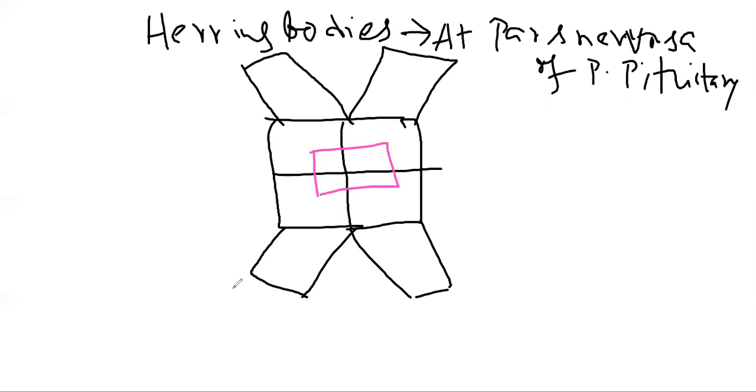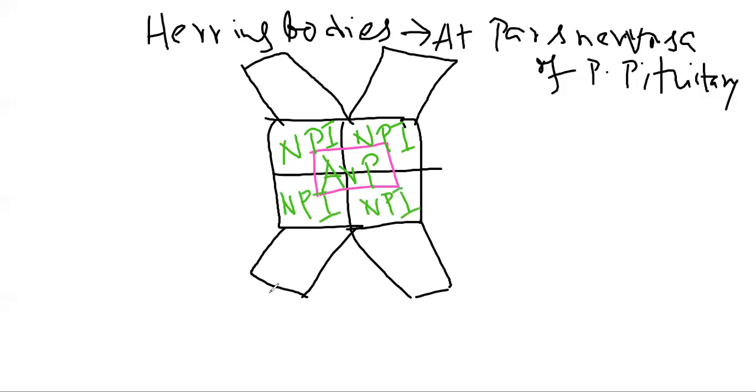Here, at the center, the structure is either oxytocin or vasopressin. And here is neurophysin 1, for the ADH or vasopressin, I hope you can remember, and neurophysin 2 for the oxytocin. I am drawing here neurophysin 1 and neurophysin 1.